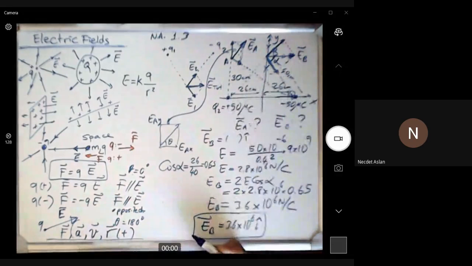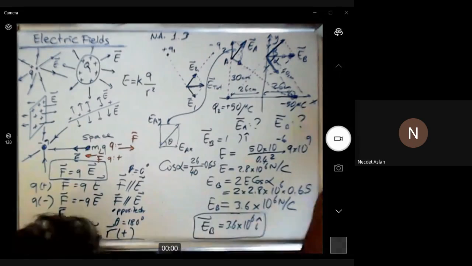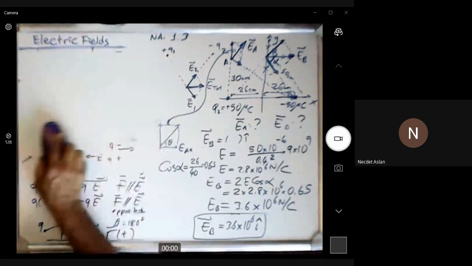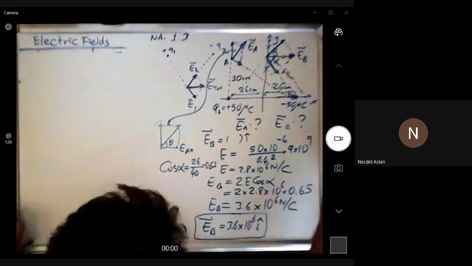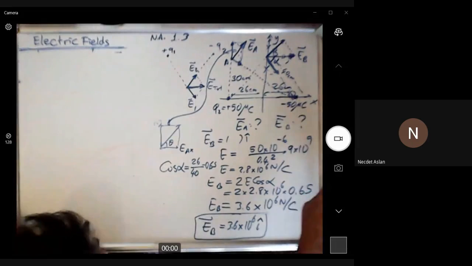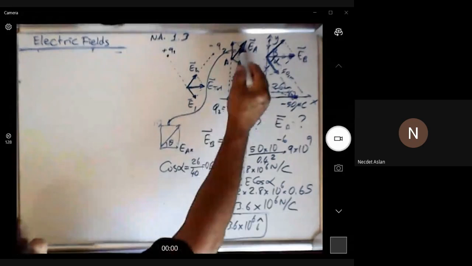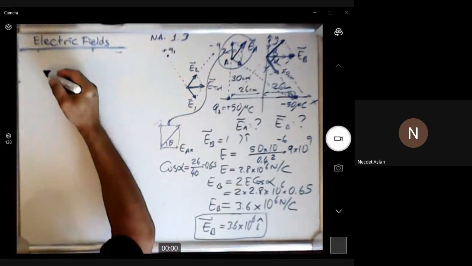For EA, it's a little bit longer. So we have to remove this part and try to get it. First of all, we have to understand that this is a two-dimensional case.